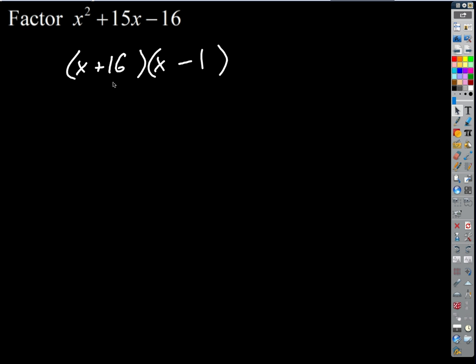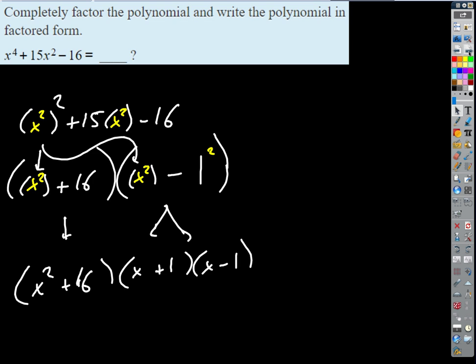But what if instead we have a problem like this where it's not x squared and x, it's x to the fourth and x squared, right? The trick is to think about this in terms of packets of something so it looks like the first problem. So it looks like I've got a quadratic expression where a is 1, b is 15, and c is negative 16, right?